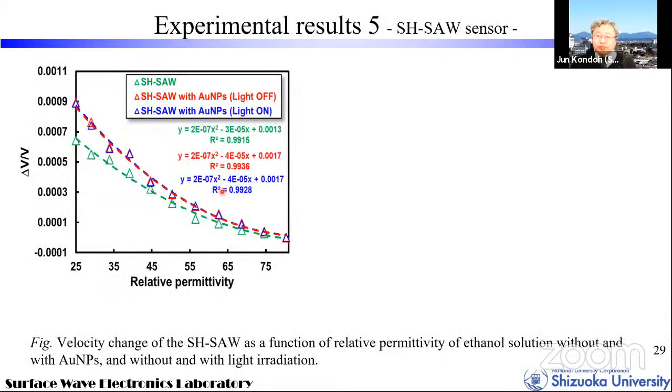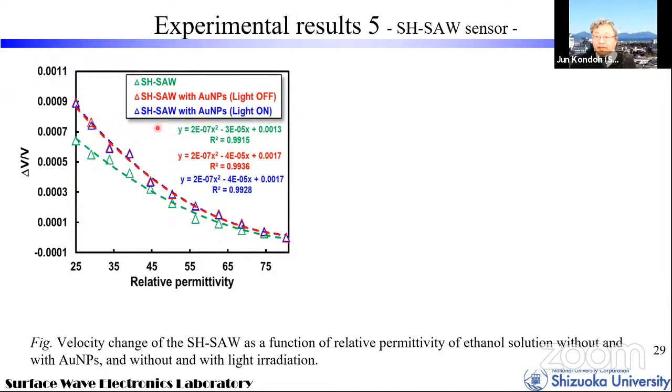Next, we also measure the velocity shift of the SHO using the same ethanol solution. And the result is shown here. This result is SHO without nanoparticles, and red and blue are with nanoparticles, light off case or light on case.